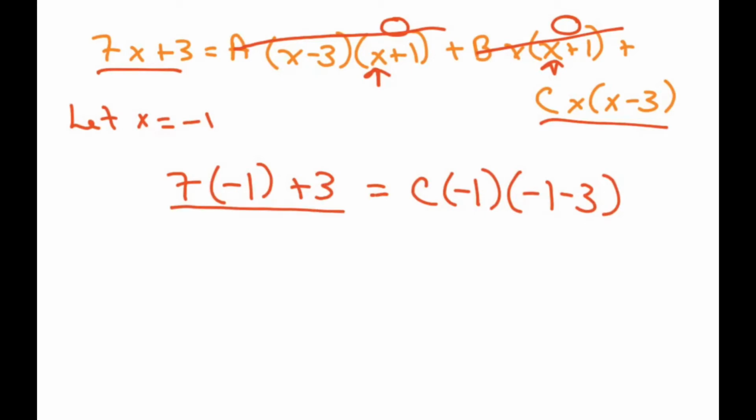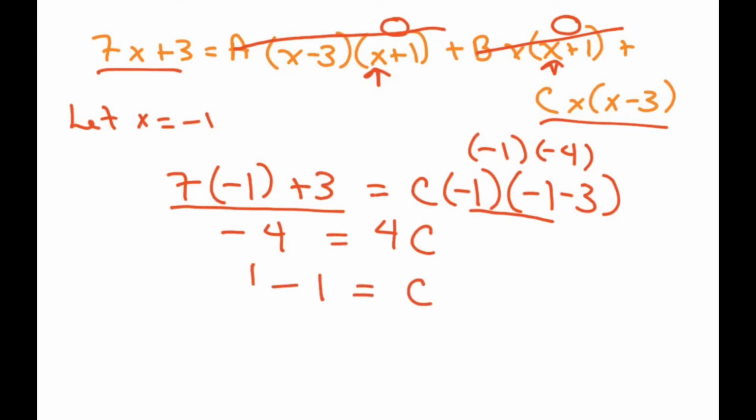So this is going to be negative 4. This is negative 1 times negative 4. So that's 4C. Therefore, C equals negative 1. Now we have everything. As you recall, our A was negative 1, our B equals 2, and our C equals negative 1.